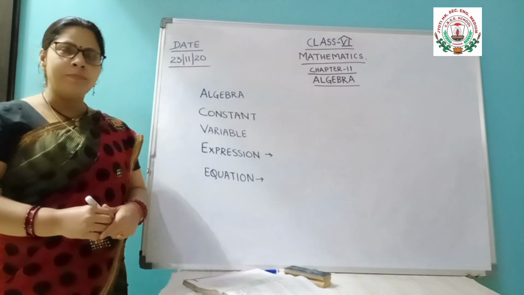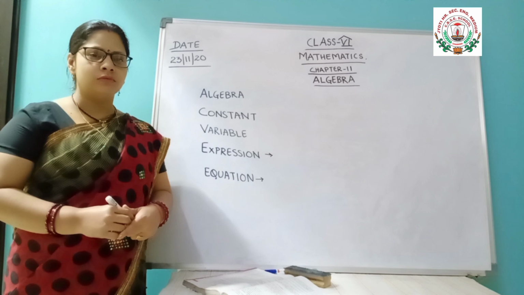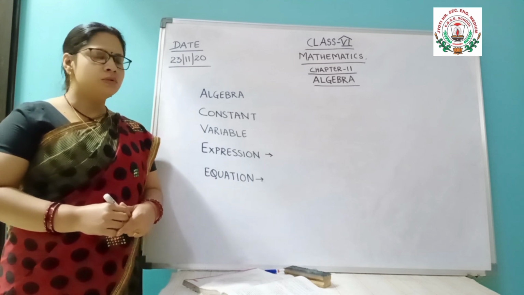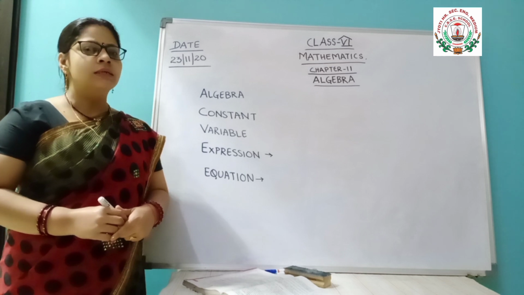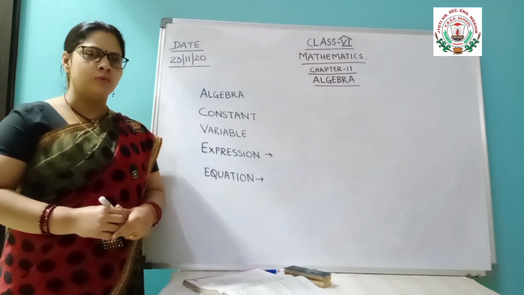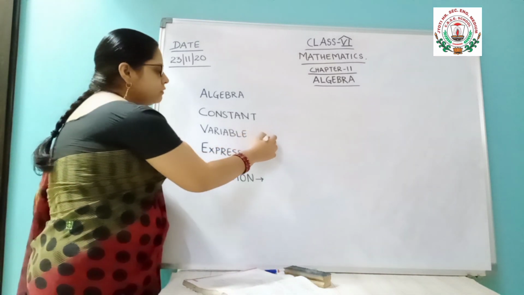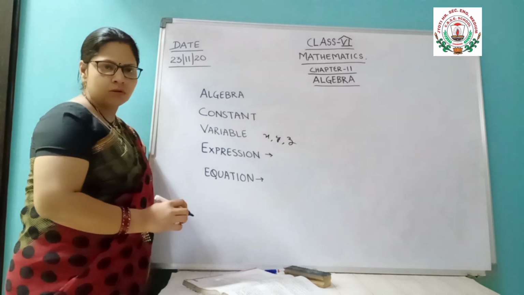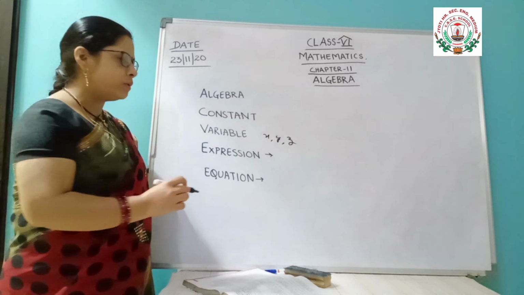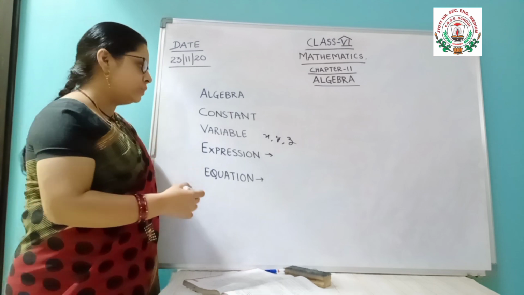These alphabets have some values when they are used in the expressions, in any of the questions. These are called variables. It can be anything, such as x, y, z, in small letters or capital letters, and it keeps on changing from question to question.